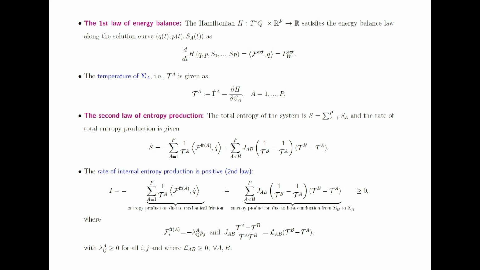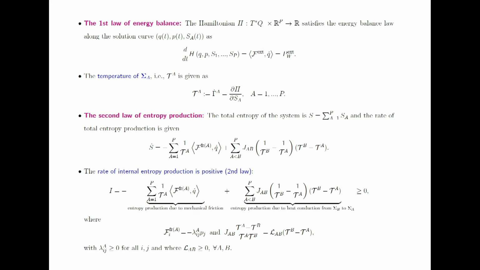Now, we can recover the first law of thermodynamics like this. By taking the time derivative of the Hamiltonian along the solution curve, it must be the mechanical power. This is nothing but the power balance, the energy balance equation, corresponding to the first law.